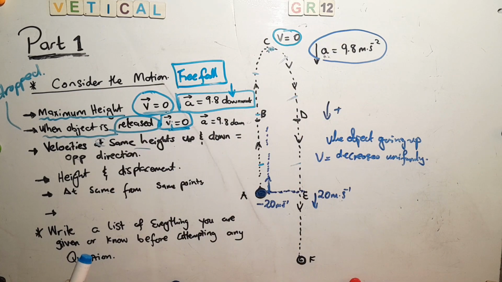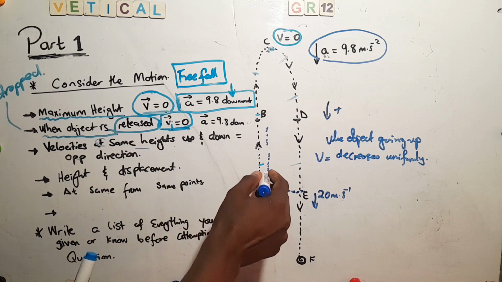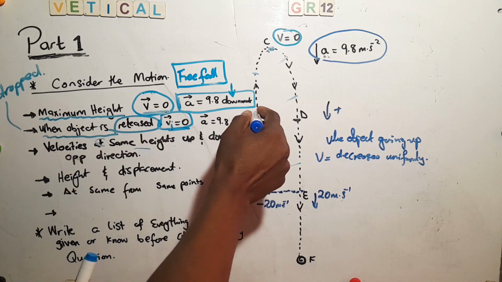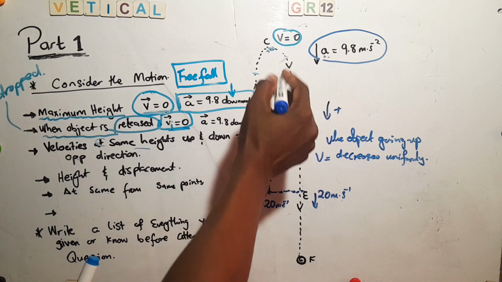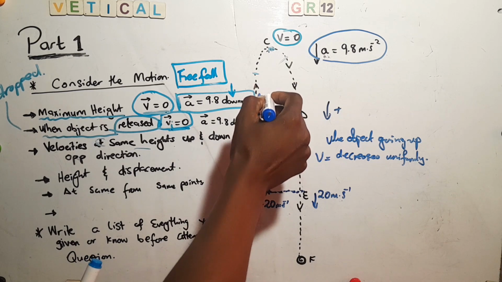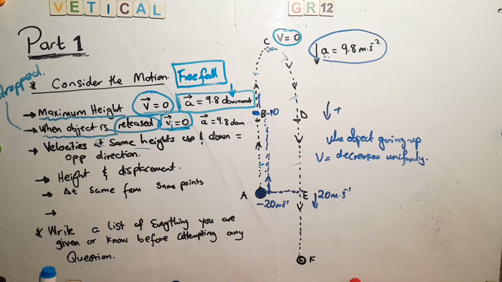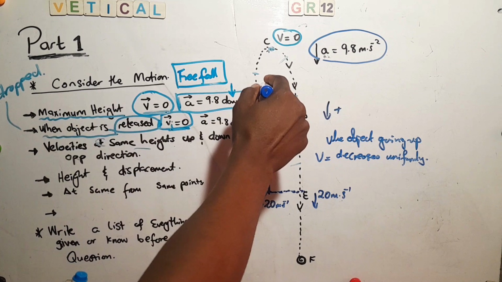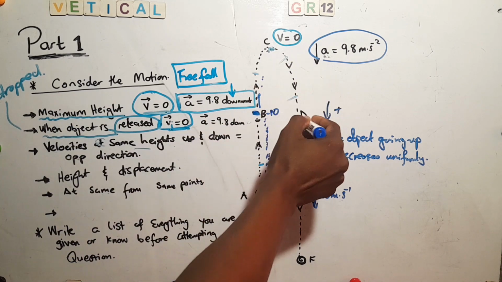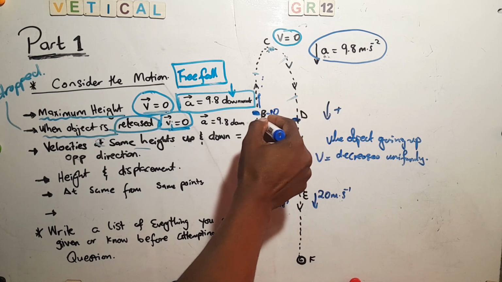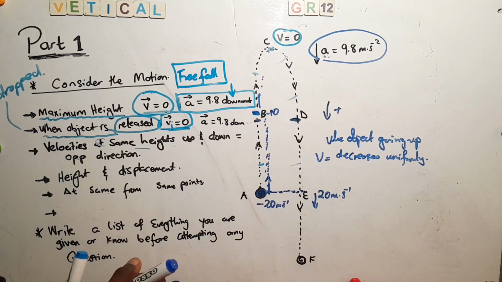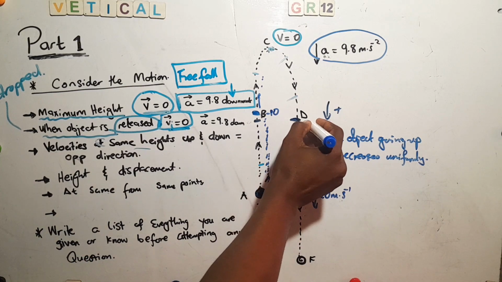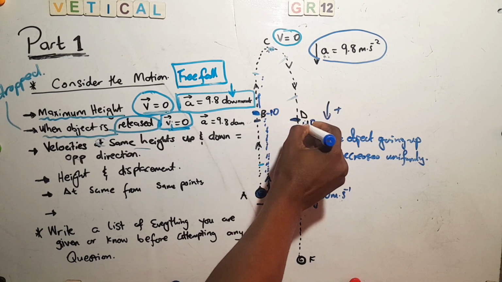So the velocity is decreasing at the same rate. Let's suppose that when it gets to point B, the velocity is maybe 10, but still negative because it is going up, so negative 10. When it goes up like that and comes back at the same height, can you see that B and D are at the same height above the ground? So the velocity here as well is 10, but now going down.